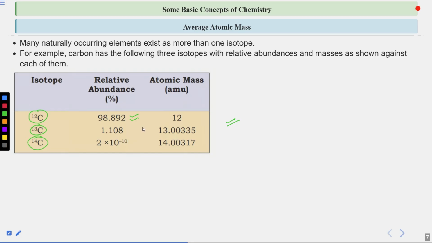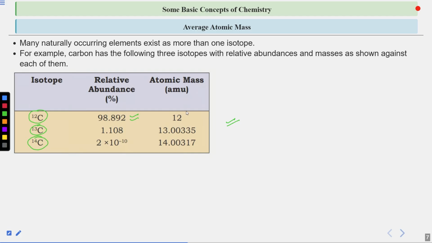Relative abundance means that if you are talking about the whole percentage, then 98.892% is carbon 12 on the earth, 1.108% is carbon 13, and 2 into 10 to the power minus 12 is carbon 14. Now, I have told you that each of these has a different mass, so it is written here.